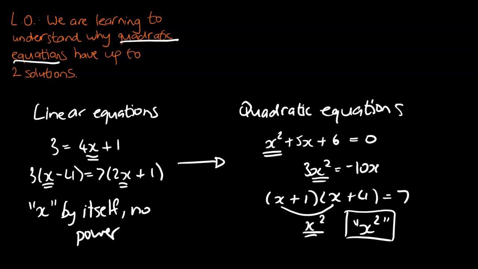And these equations with an x squared are really interesting. There are new skills or new strategies we need to be aware of to solve these equations. And the thing I'm looking to emphasize today is this last part, up to two solutions. When you look at a linear equation, every time we've solved these types of equations, there's always been one answer.